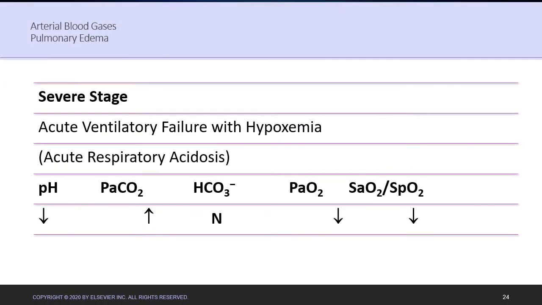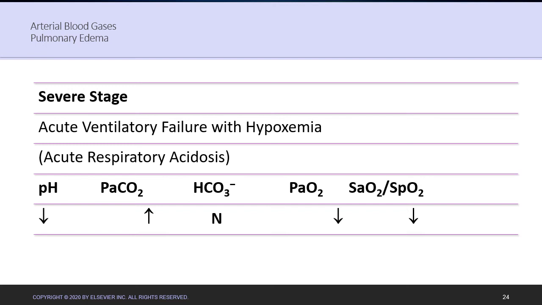However, when you have a very severe person in severe pulmonary edema, you may have acute respiratory acidosis with a pH that has dropped significantly, a very high CO2.